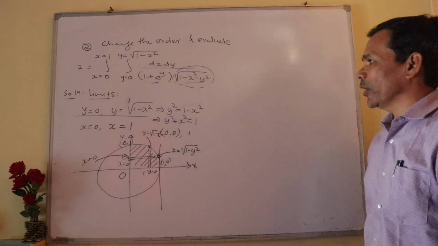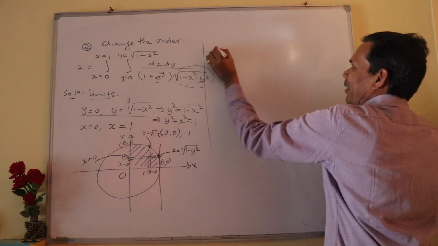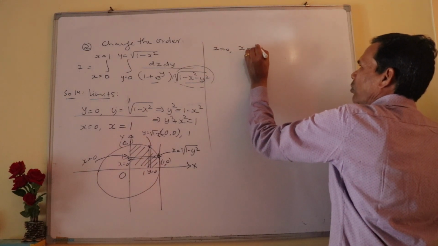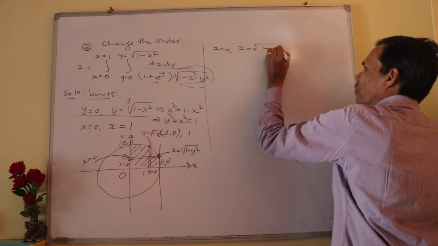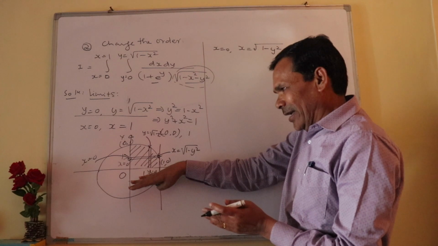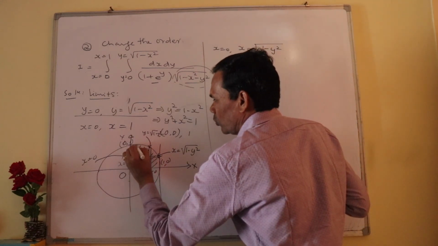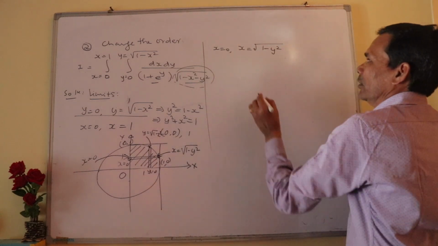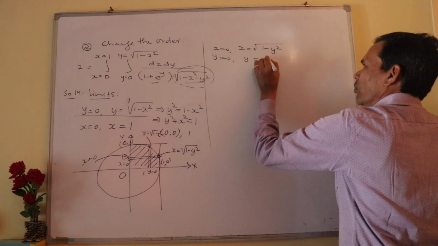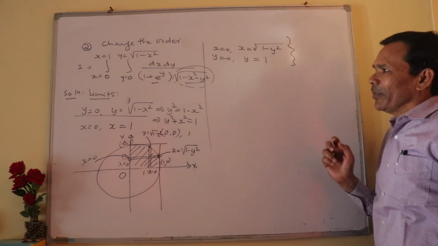So these are the new limits. After changing the order of integration, x is equal to 0 to x is equal to root of 1 minus y square, and you have to move this strip vertically from y is equal to 0 to y is equal to 1. So these are the limits after changing the order of integration.